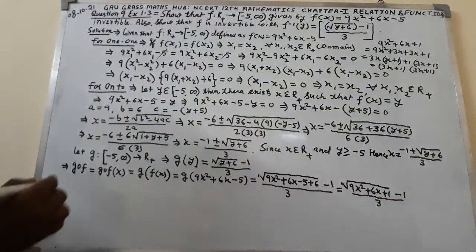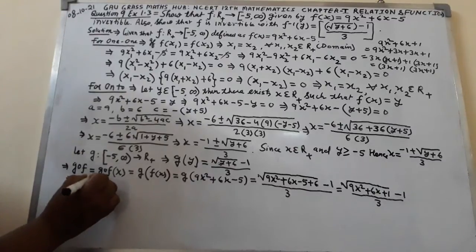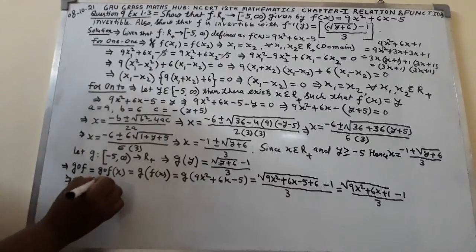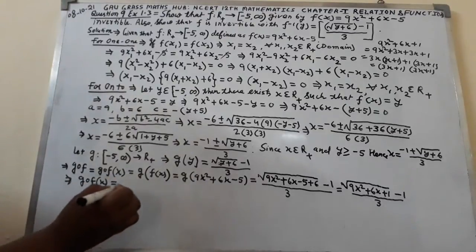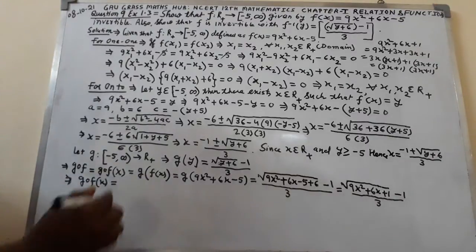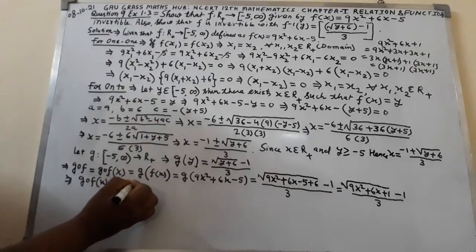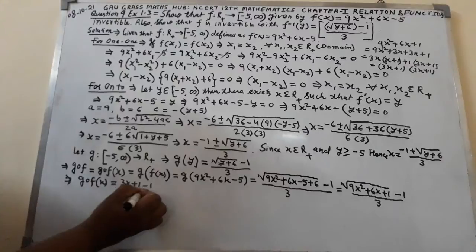We will get implied that g of x equal to under root 9x square plus 6x plus 1, which comes out to be 3x plus 1. So here write 3x plus 1 minus 1, whole over 3.